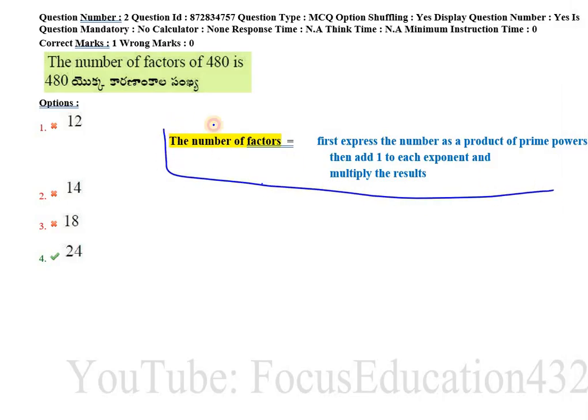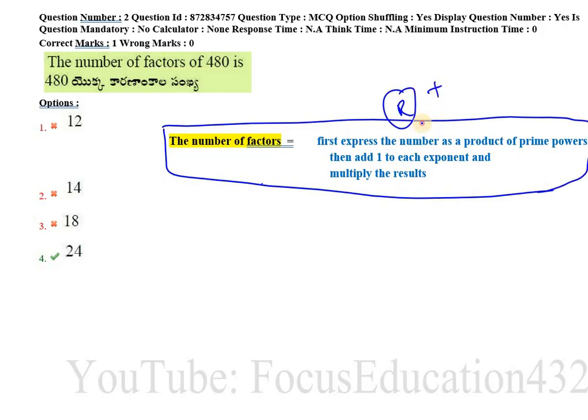If you follow this one, then you can find the number of factors for any number. Using this rule you have to find. First, whatever number is given, find the product of prime factors. So 480, if you do prime factors, what you will get? Using prime numbers only you have to do here.